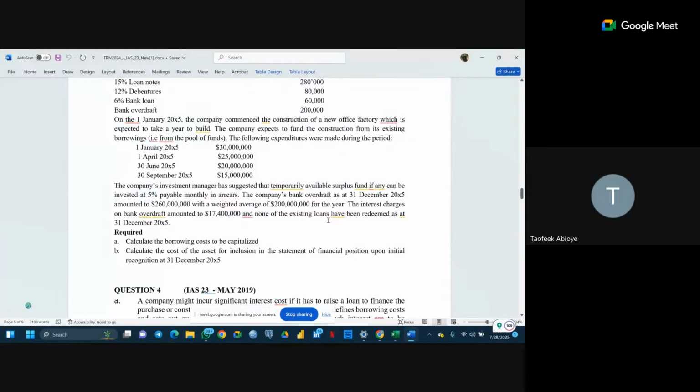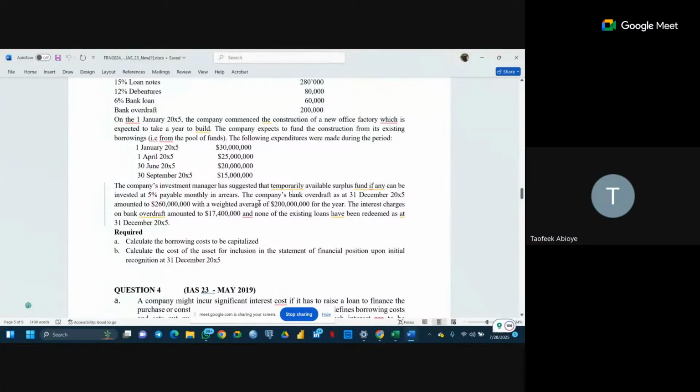If the company had decided to earn investment income too, we would only calculate the outstanding funds that they have in their investment and the interest income attached to it. But here in the question, we are not told that the company actually exploited the suggestion made to them.